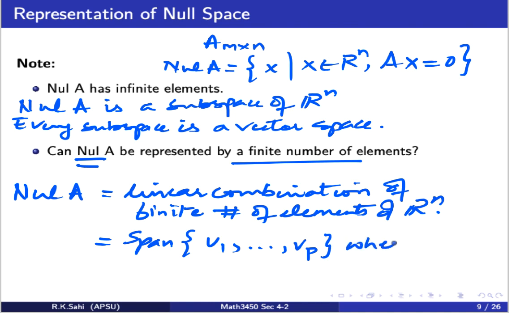Where do these Vi's belong? These Vi's are elements of Rn. That's what I'm saying. So yes, if we have infinite elements in a set, that set can be represented by a finite number of elements. And the way we do it is we look at the spanning set of those few vectors, which are elements of the vector space Rn. Okay. So let's go and see how we can do that.